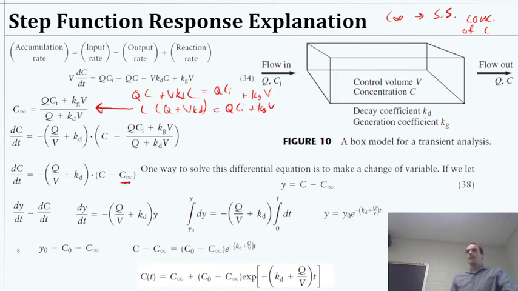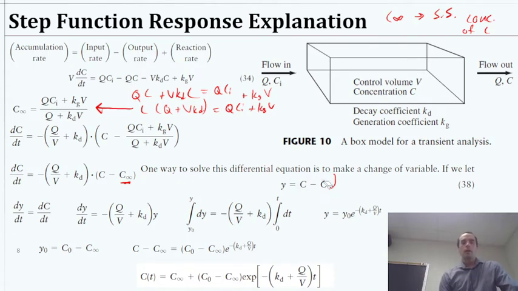And then they say, okay, well, let's do a change of variable as a way to approach this integration. So instead of saying, let's try to get just that c by itself, let's just call a new variable y equal to c minus c at infinity.